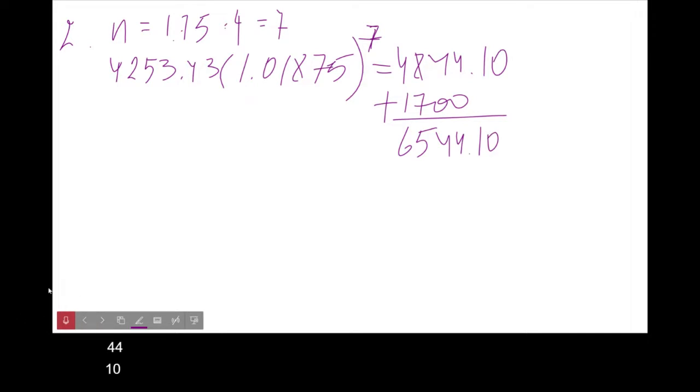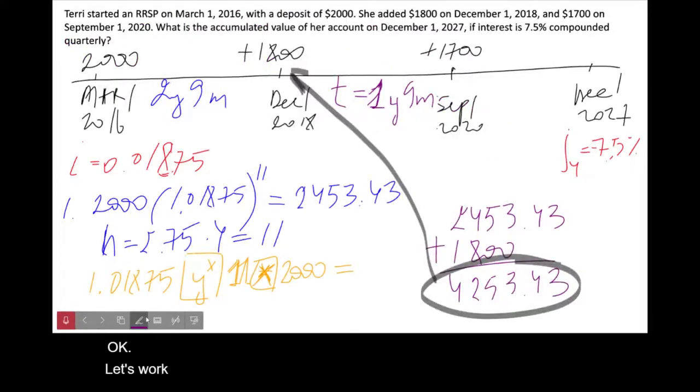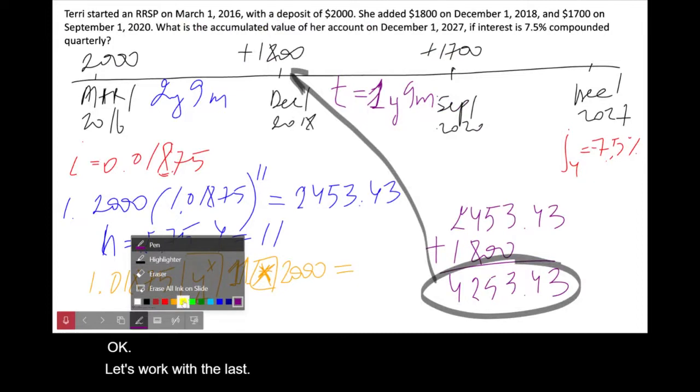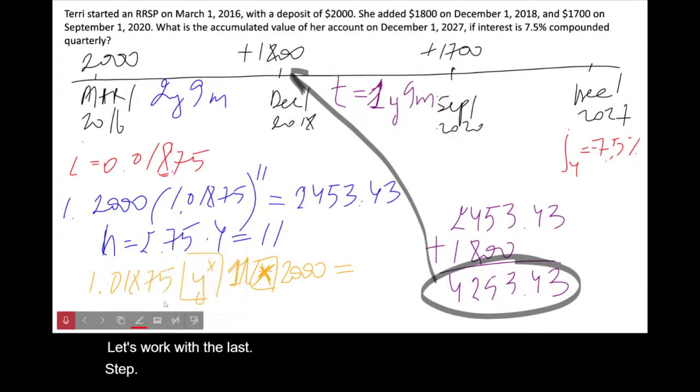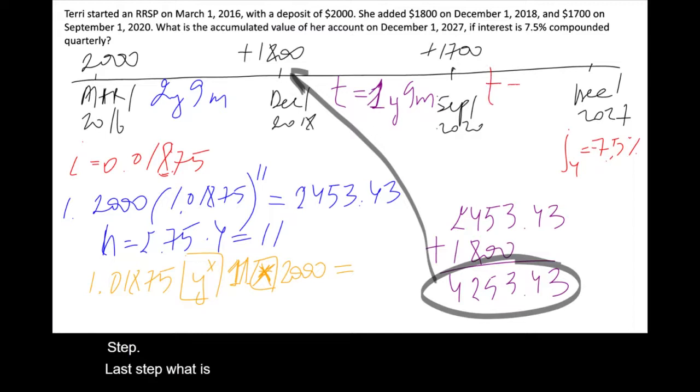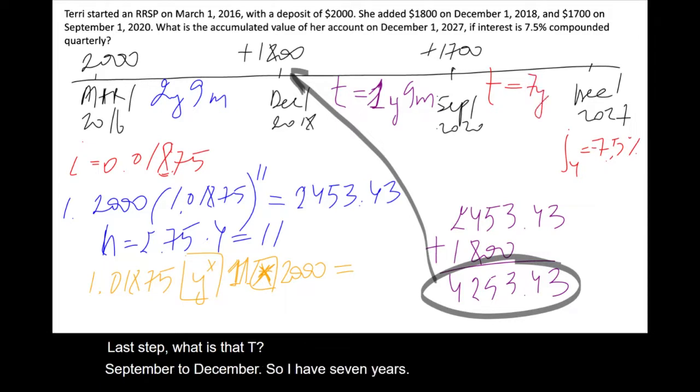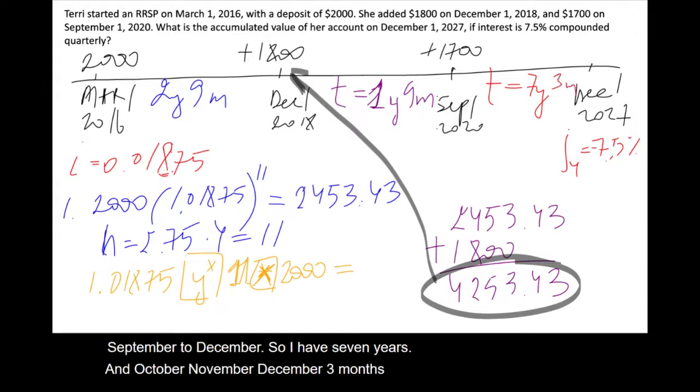Okay, guys, so far, any questions? Okay. Now let's work with the last step. Last step, what is that? September to December. So I have 7 years and October, November, December, 3 months, right? 7 years, 3 months.